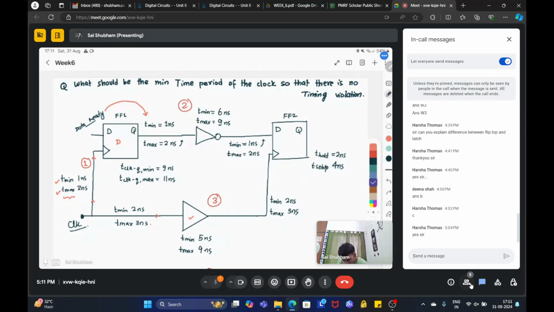What I'm trying to say is that it should not happen that the clock reached this flip-flop and it processed, and then the clock signal is coming over here.